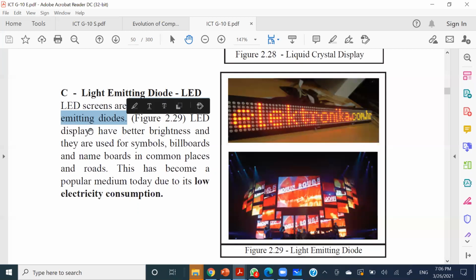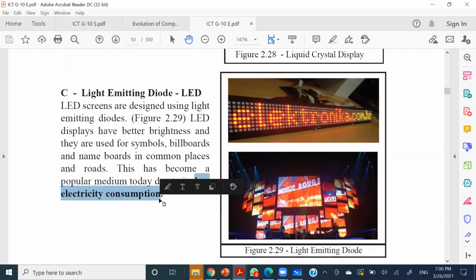So the second point is going to be low electricity consumption. So the first point, designed using light emitting diodes. The second point is low electricity consumption.